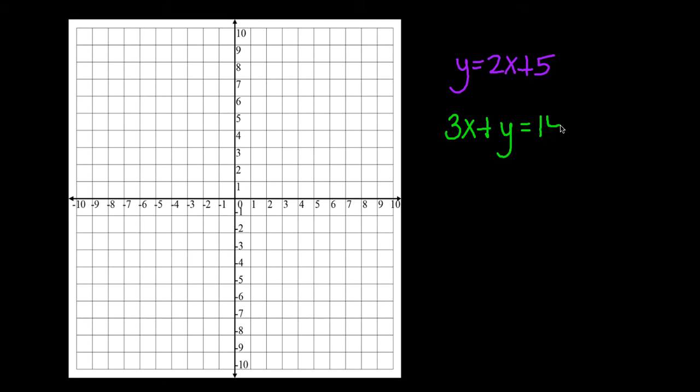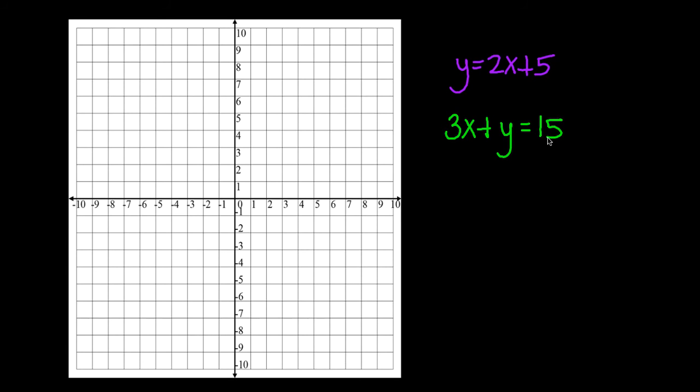Sorry, we're going to backtrack for 1 second, and we're going to do this with 15. I'm trying to make sure that we're going to get a nice, easy whole number answer here, so we don't have to worry too much about fractions right now.